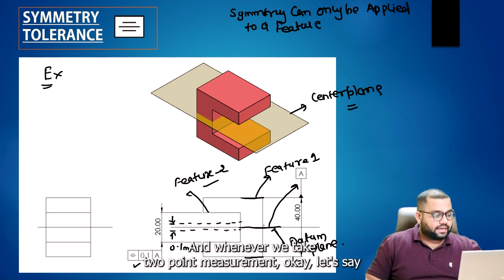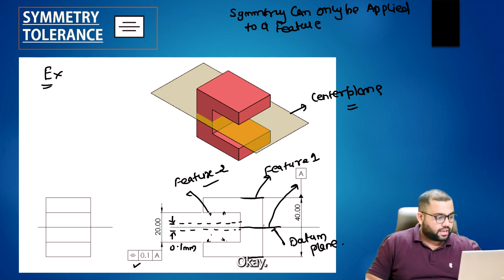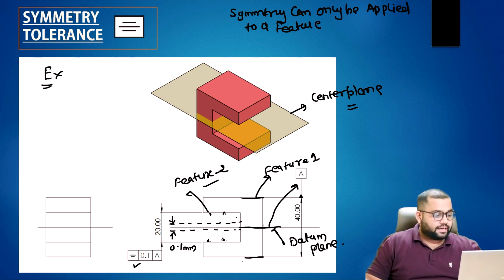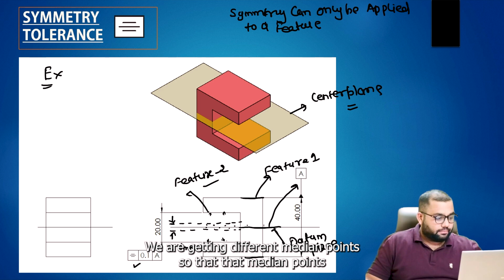Whenever we take a 2 point measurement, let's say we are measuring this part from here to here, or from here to here, whenever we are taking 2 point measurement of slots, we get derived median points. At different points, we are getting different median points.